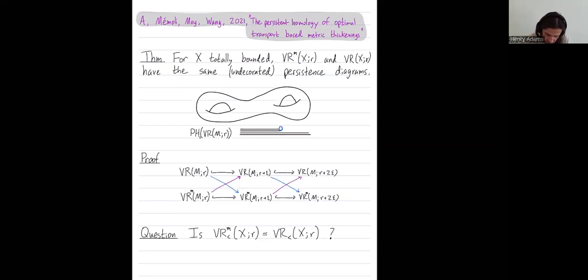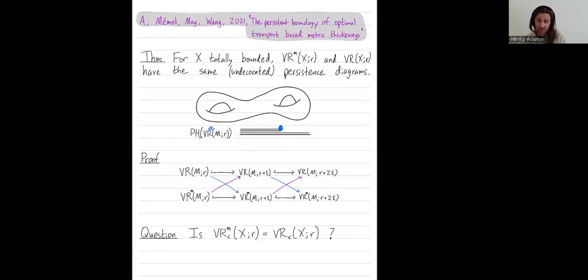And then if I move to the metric thickening, maybe that endpoint of a barcode fills in. But that's the only possible difference between the barcodes. So yeah, the Rips simplicial complex and the Rips metric thickening have the same barcodes.